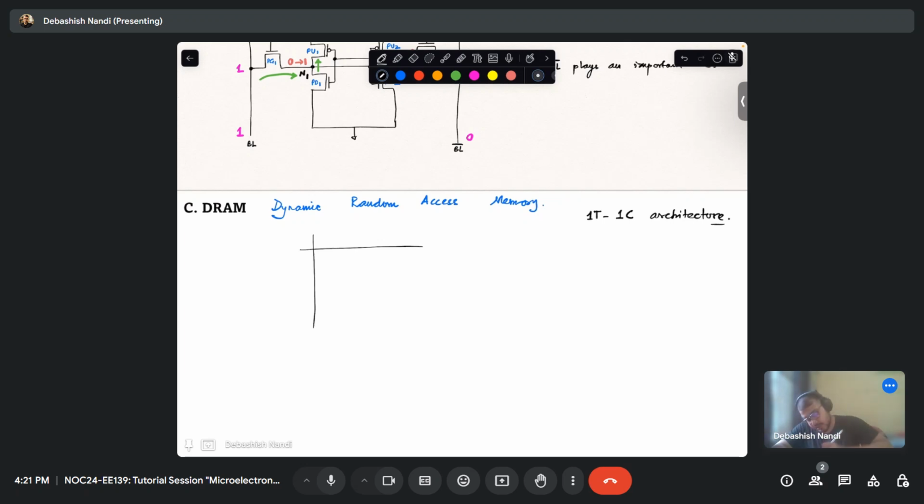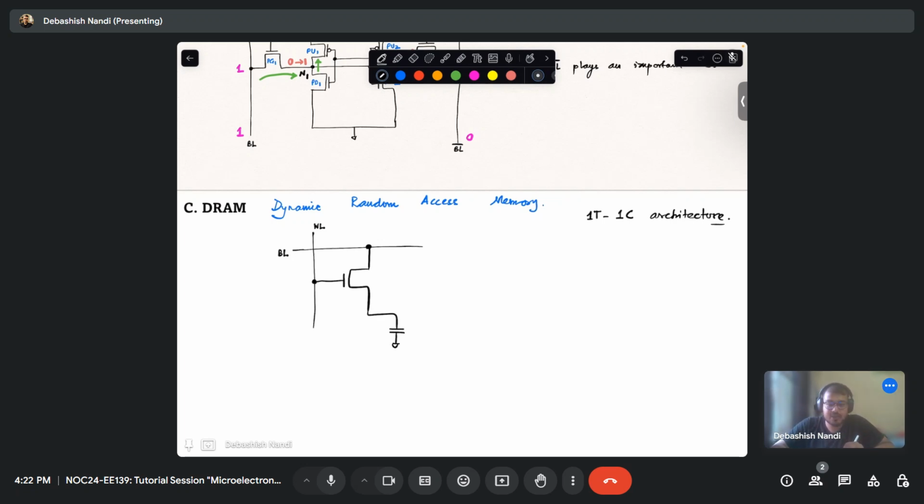Okay, so let's say this is your word line, this is your bit line. So I have just drawn it in a flipped version so that you understand. If in question you are given word line like a vertical line, you should not get confused.